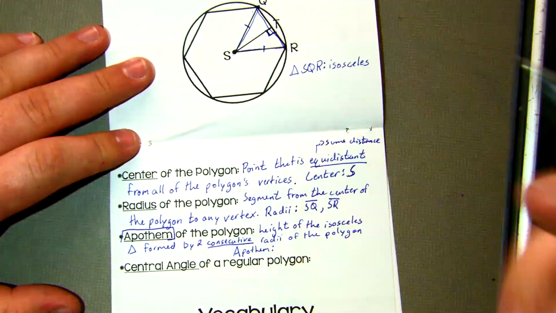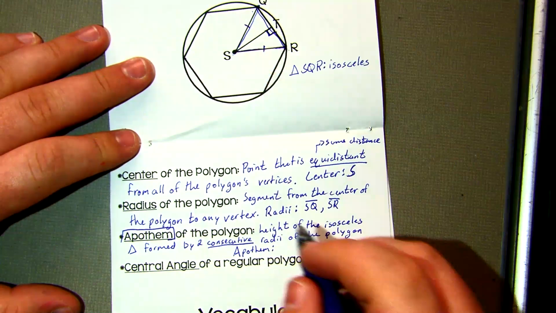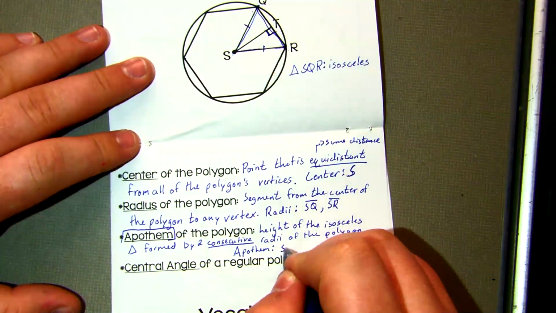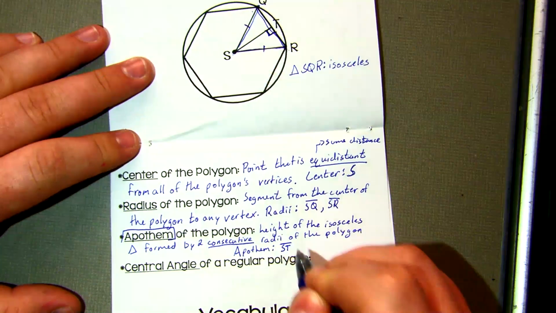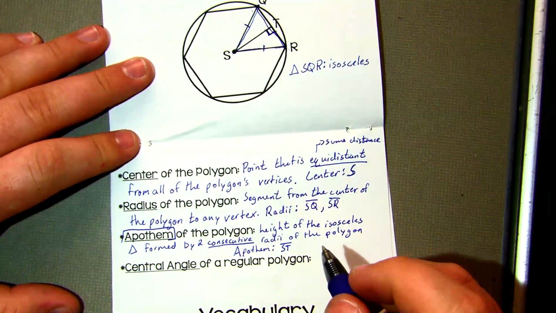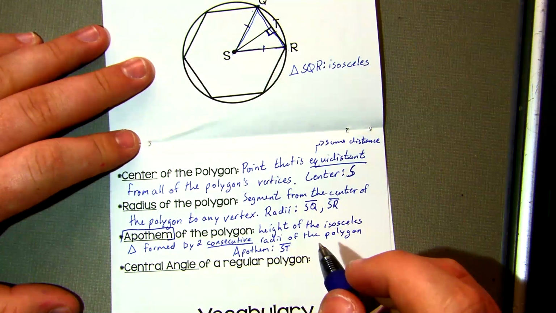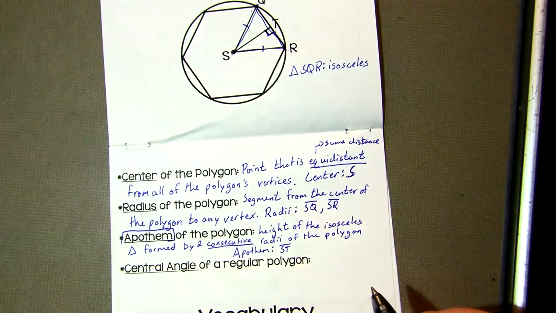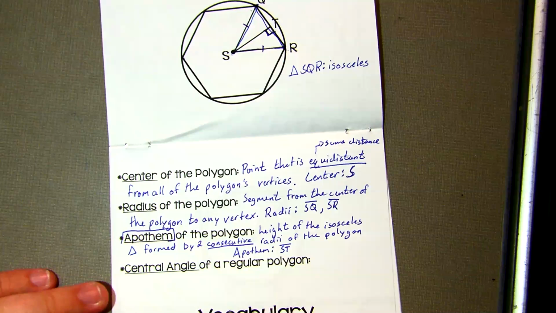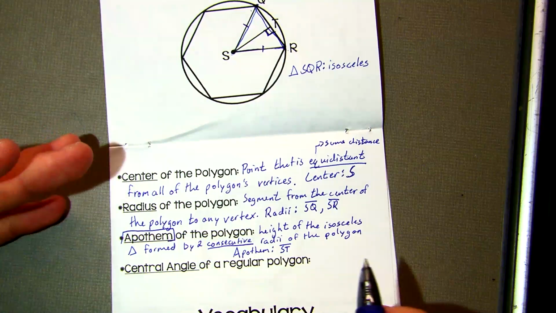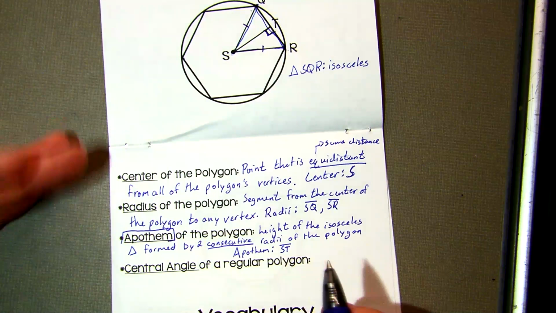So this means that ST is our apothem. We're going to get a lot more practice working with these apothems in the future, but I just want to make sure that you get this definition down.